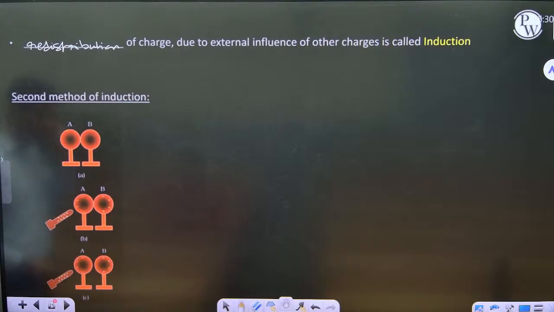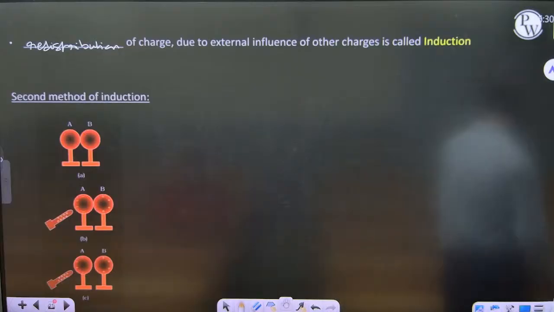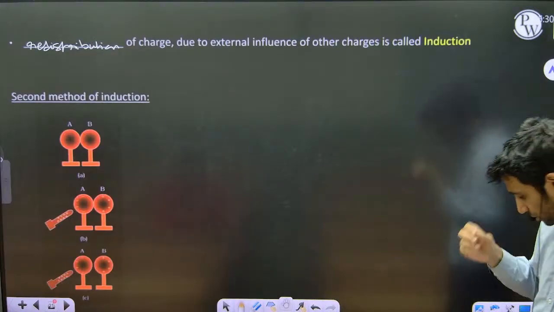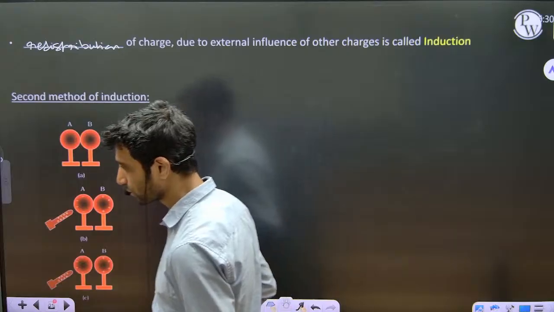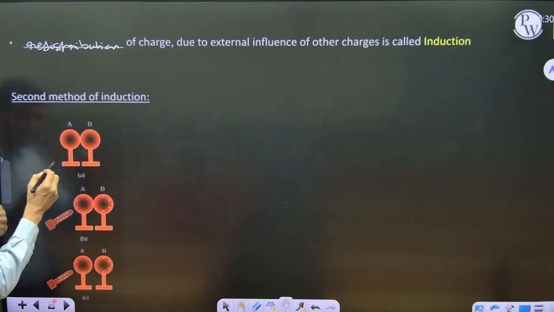Now we're going to see another method of induction, right? And let's see what it is. This is actually mentioned in your school books, the NCERT book. So what we do is that we have two spheres as you can see, right?